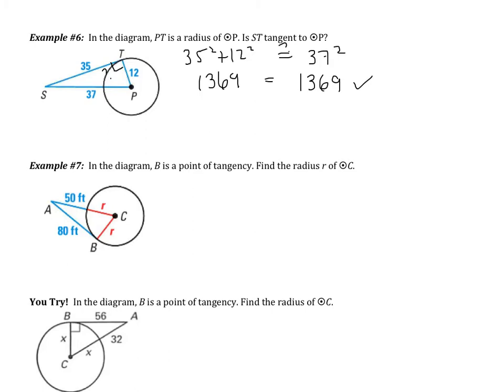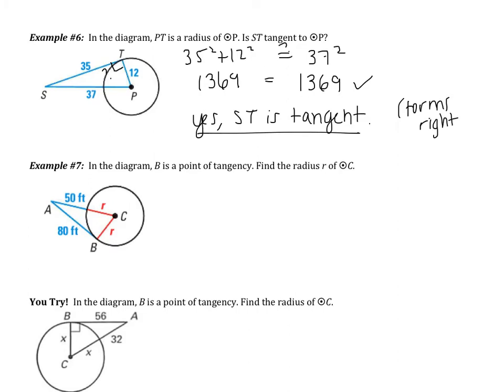They are equal. So we're going to say, yes, ST is tangent, because it forms a right triangle. If it didn't form a right triangle, like my left side and my right side were not equal, then it would not be tangent.